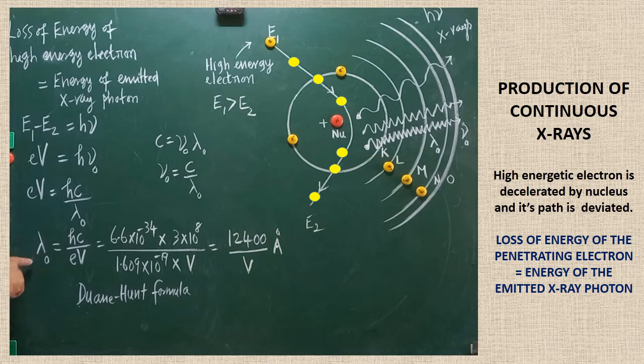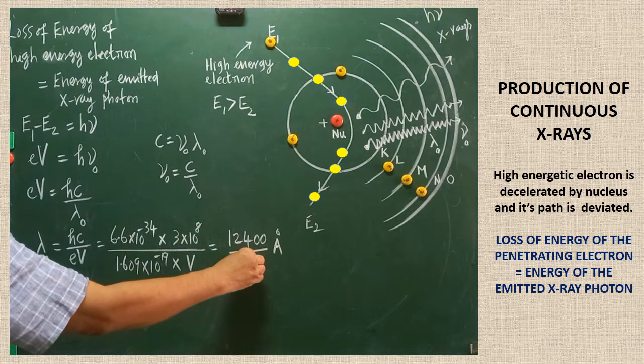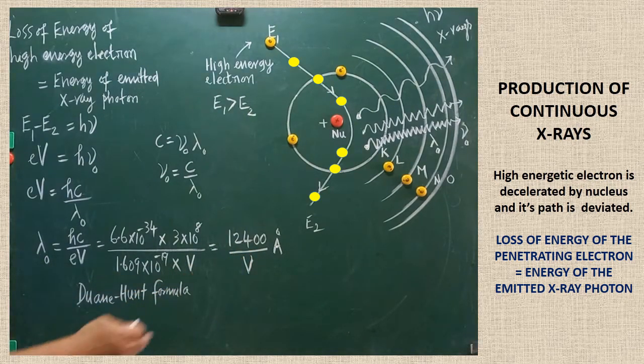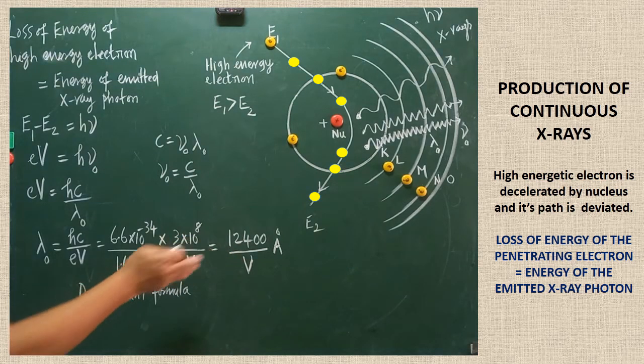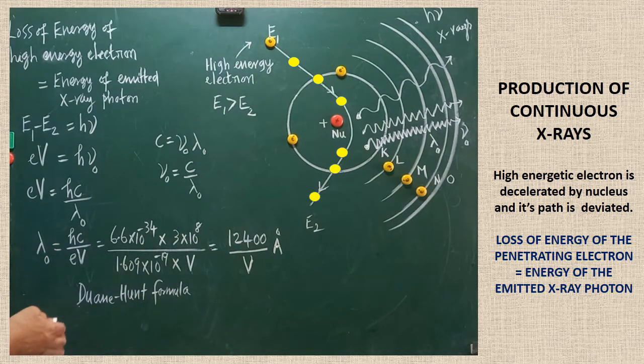So, clear. From there, we are able to calculate the least wavelength of X-ray radiation which is emitted from the Coolidge tube, by knowing the V, the accelerating potential. If V is high, lambda naught will be very low. So know the formula. By using this, we can do the problem.